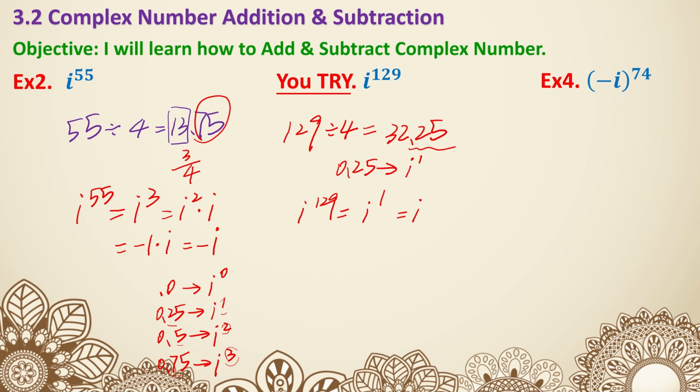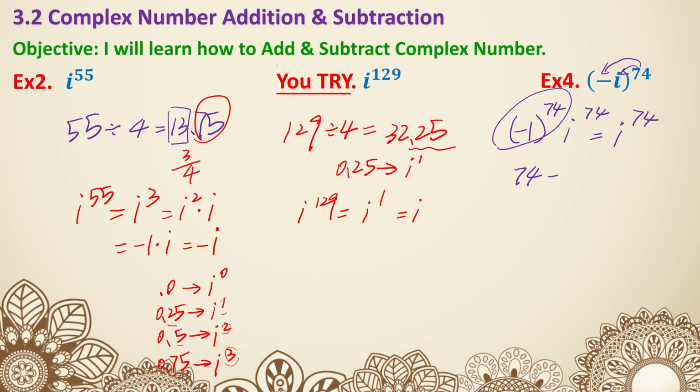You can continue with example 4, but this one you do need to be careful because there is a negative sign in the front. So in that case, you actually need to distribute to get rid of the parentheses. So it's -1 to the 74th power, and then i to the 74th power. This part is positive, so you are just going to get i to the 74th power.